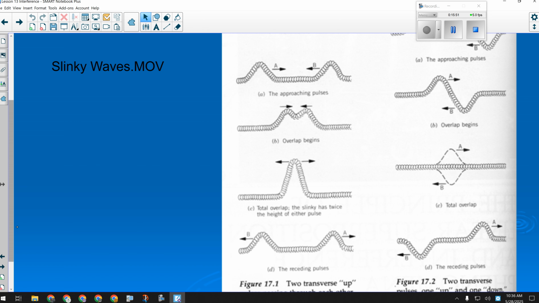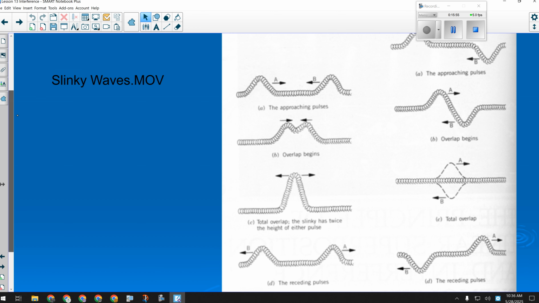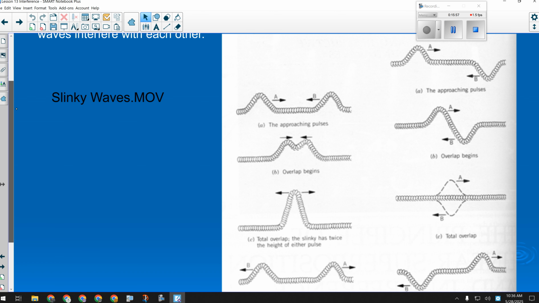The opposite is what we call destructive interference, and that's what we see on the right-hand side. So I've got wave A that has an amplitude of +1, wave B with an amplitude of -1. They travel towards each other, and in the instant where they overlap, their energies cancel.